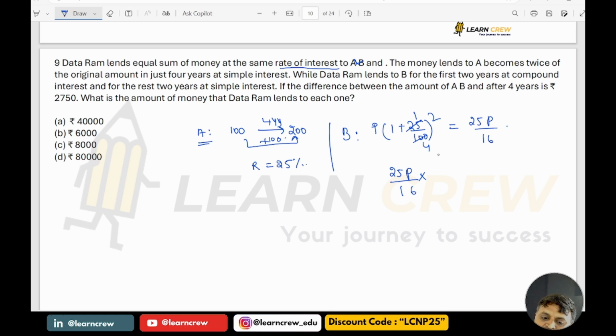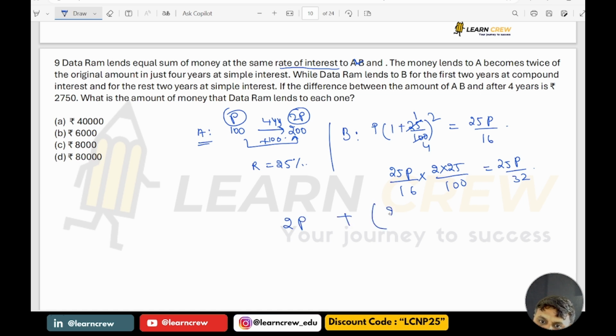Next 2 years simple interest means PTR by 100, 2 into 25 by 100. So thereby 25P by 32. Therefore, the total amount of A after 4 years, if it is P, becomes 2P.